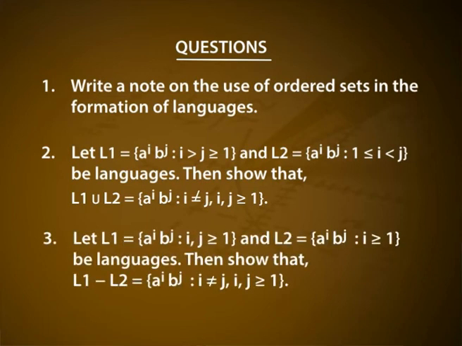Next, let L1 = {a^i b^j such that i, j ≥ 1} and L2 = {a^i b^i such that i ≥ 1} be languages. Then show that L1 − L2 = {a^i b^j such that i ≠ j, i, j ≥ 1}.